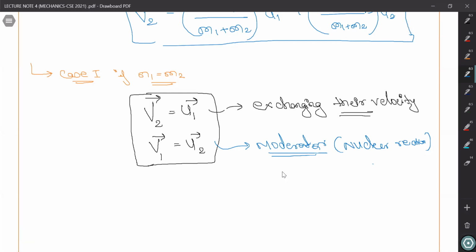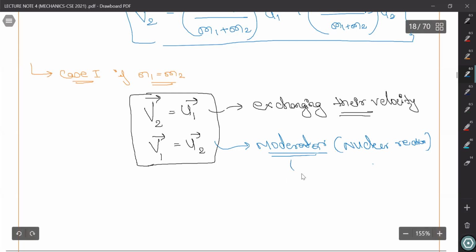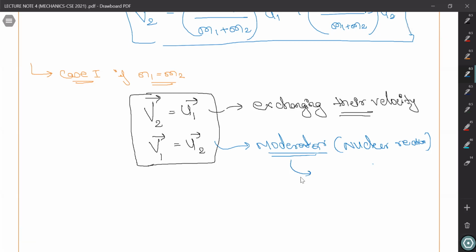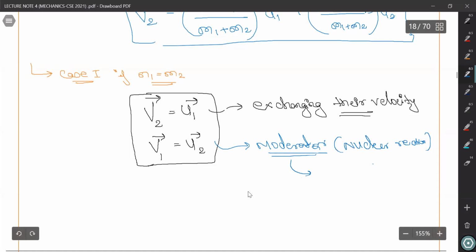So we choose moderators such that their masses are the same, so that they expel their energy efficiently, and when something collides with it, it comes to rest. For example, let's suppose this is coming with u1 and has mass m, and this one, of mass m, is at rest, right?